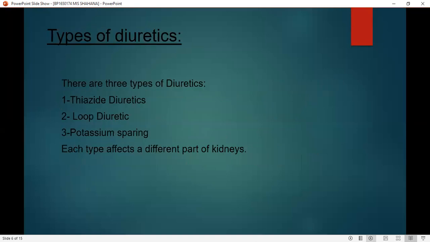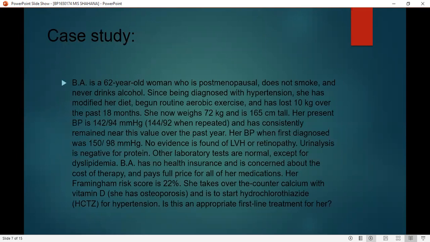Types of diuretics: we have basically three types. Number one, thiazide diuretics. Number two, loop diuretics. And number three, potassium sparing. Each type has different effects on different parts of the kidney to lower the blood pressure.